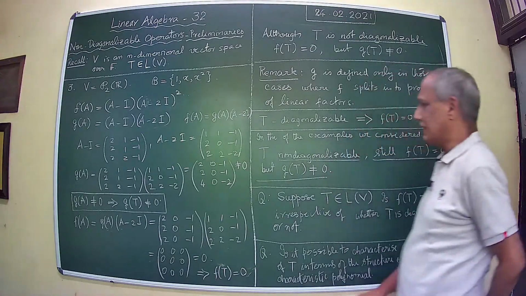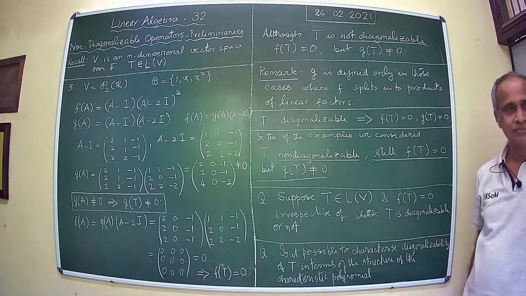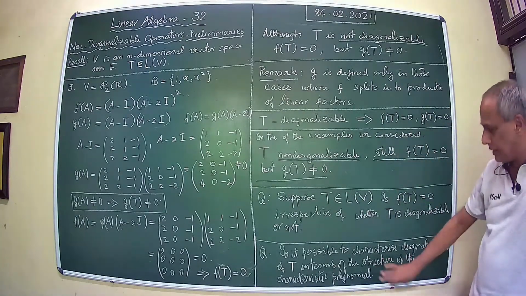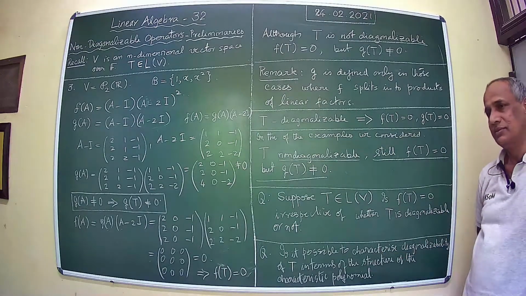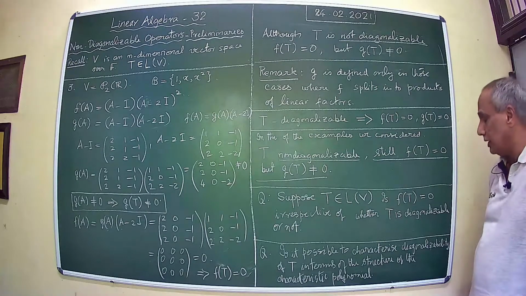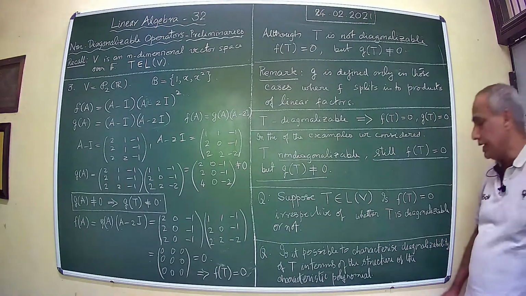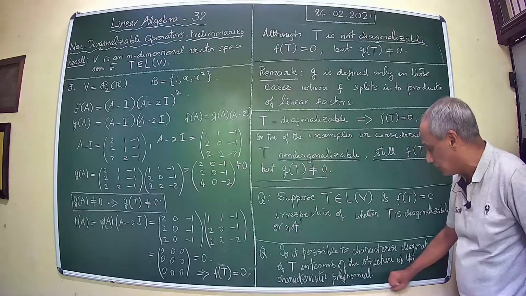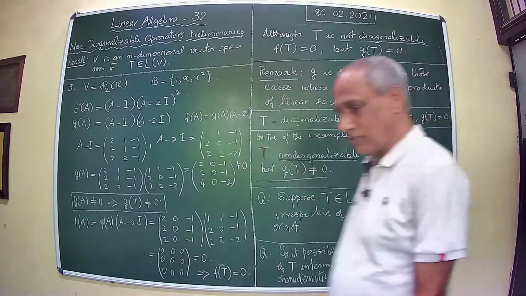We have seen that the characteristic polynomial is something that comes out of T. Therefore, we need not be surprised if there is some such indication from the structure of the characteristic polynomial, and we will be essentially looking for this kind of results. Okay.